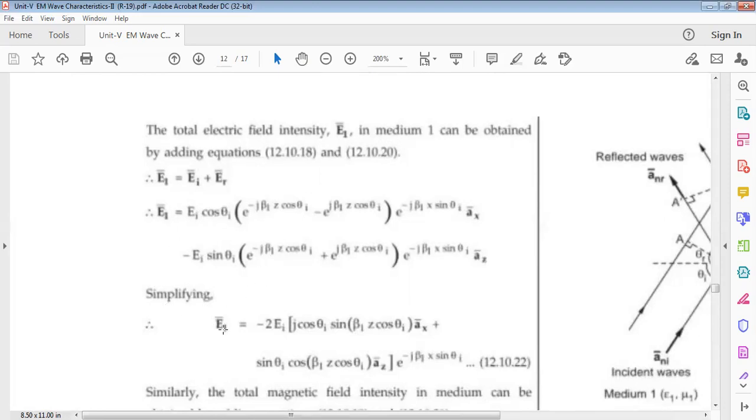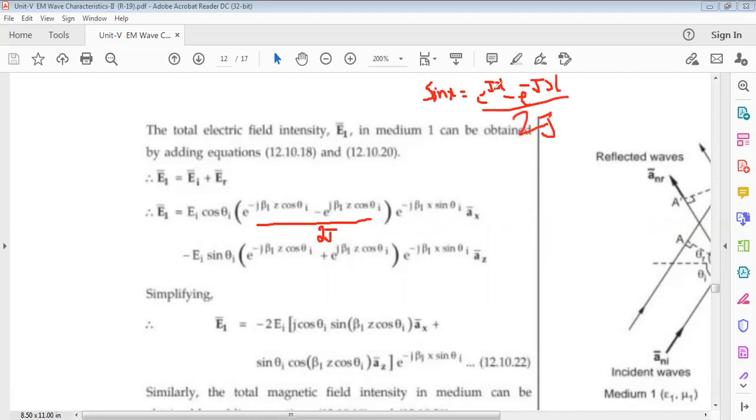Simplify the function, E1 bar is equal to cos theta I. We got the minus 2j by dividing by the 2j here. When we write sin x, sin x is equal to e power jx minus e power minus jx by 2j.